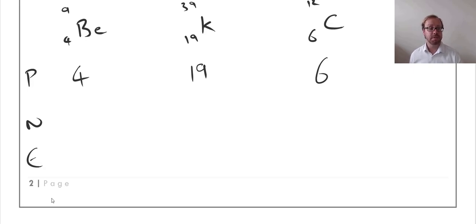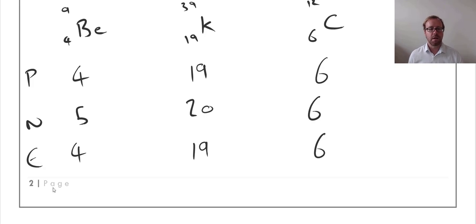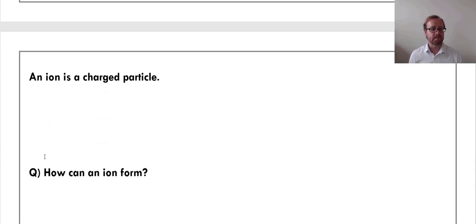Again, because they're atoms, our protons and electrons must equal, therefore 4, 19 and 6. And to work out our neutrons, we minus the atomic number from the mass number, which gives us values of 5, 20, how good's my maths, and 6. Okay, hope you all got that right, and we'll move on.